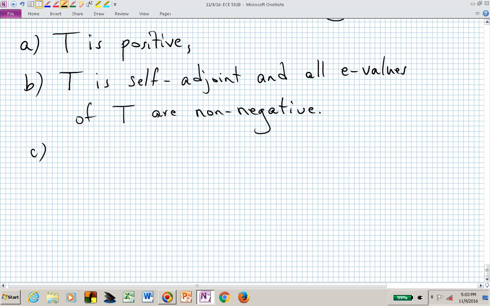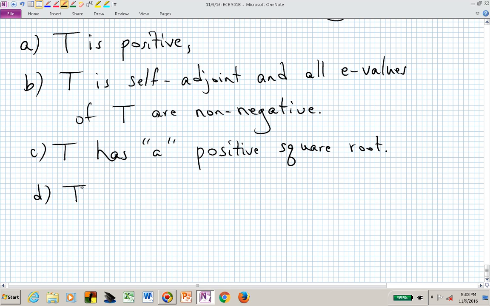If your operator is self-adjoint and all the eigenvalues are non-negative, you now know that operator is positive. C, T has a positive square root. In contrast, T could have a negative square root or components that are negative. Just like the square root of 4 is 2 or minus 2. We want the positive one.